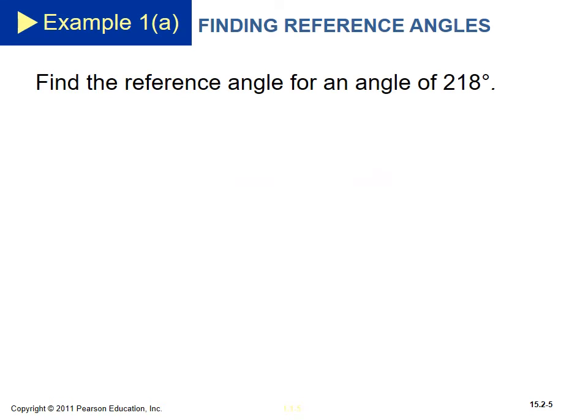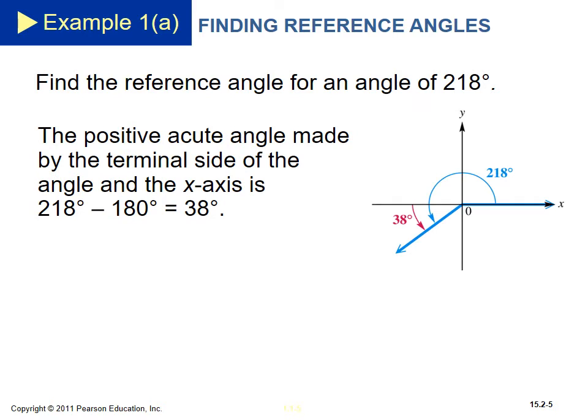So we want to find the reference angle for an angle of 218 degrees. The first thing we want to keep in mind, again, let's talk about this real quick while we're here. Between 0 and 90 is quadrant 1. Quadrant 2 is from 90 to 180.